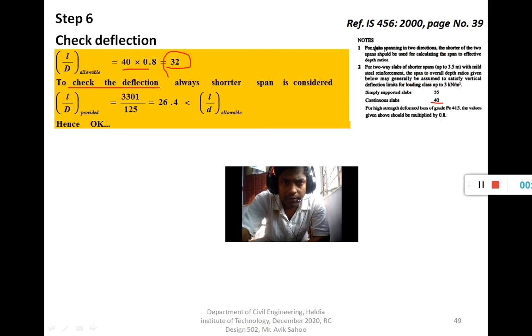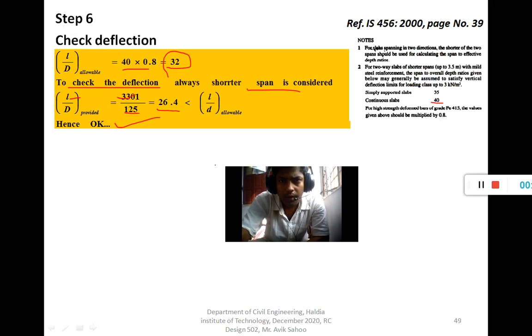Next, to check the deflection, always the shorter span is considered. You note this point, and it is also clearly mentioned that the shorter span has to be considered to check the deflection. So the provided L is the shorter span, 3301, and D provided is 125. D is the overall depth. So we get 26.4, which is less than the allowable 32, hence okay.